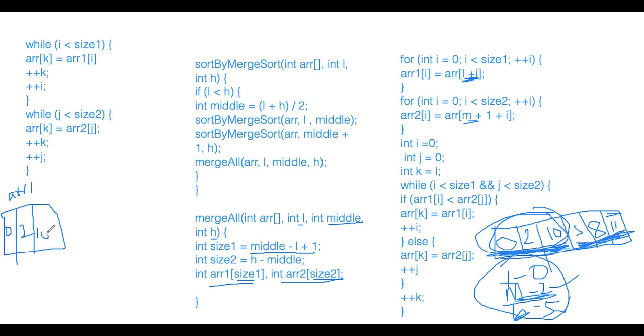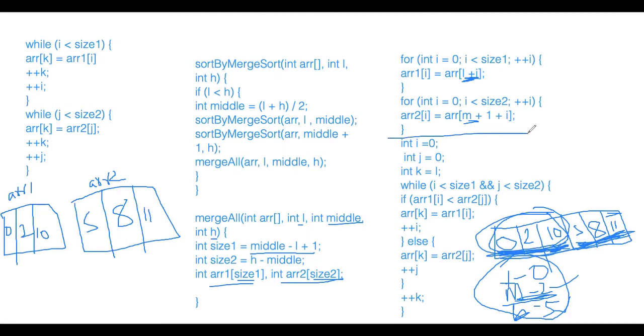This is our ARR1, right? And then our ARR2, 5. So this is how our ARR1 and ARR2 look like.